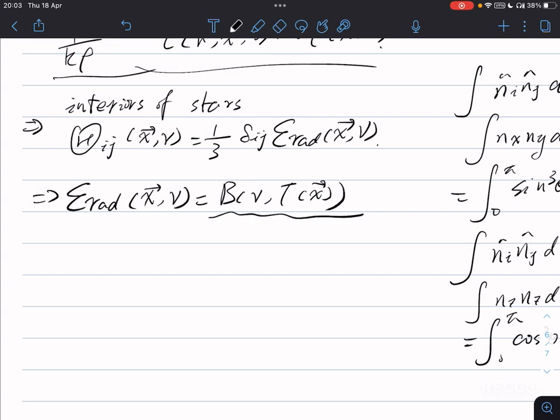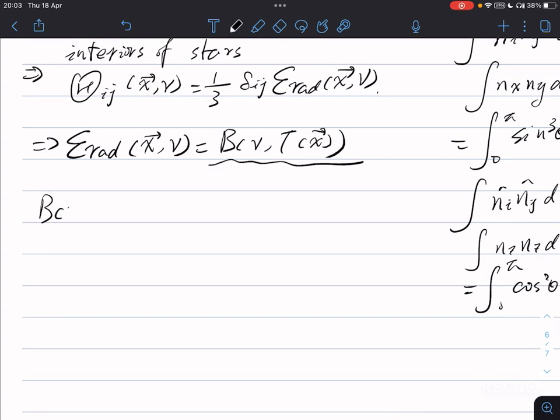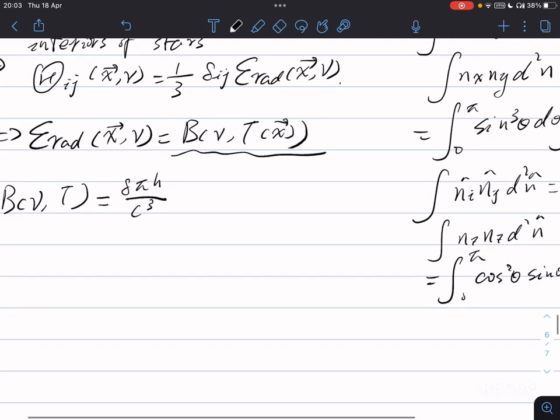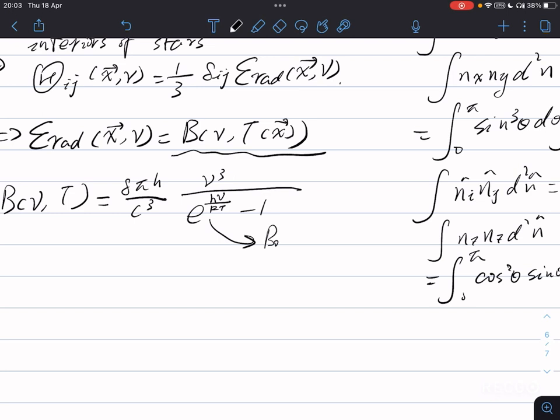This B is just the Planck blackbody distribution with which we have been familiar when learning statistical mechanics. B_nu(T) equals 8 pi h over c cubed times nu cubed over e to the h nu over kT minus 1. This k is just the Boltzmann constant.